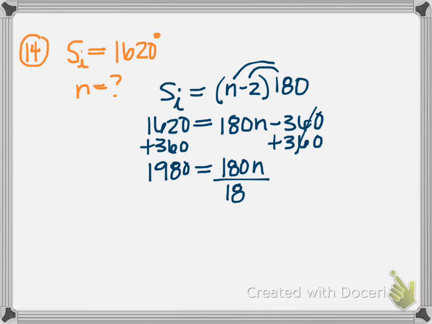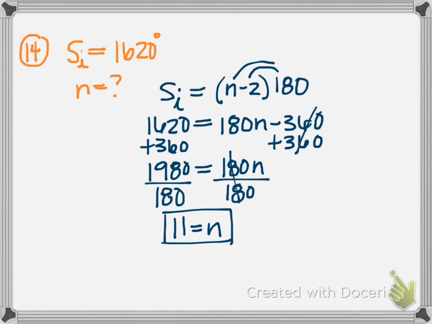We'll divide both sides by 180. And we will get 11. That is our number of sides. If it asks for the name of the shape, you could call it an 11-gon, but it's also called an undecagon, if you want to be precise.